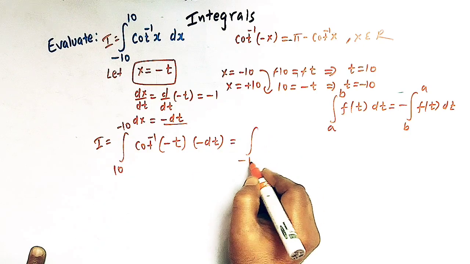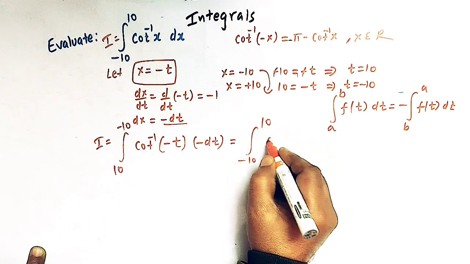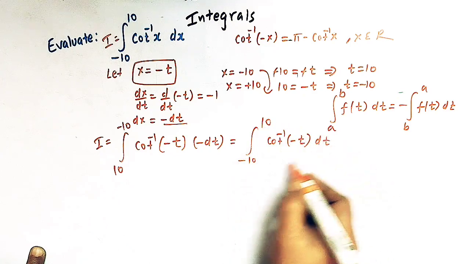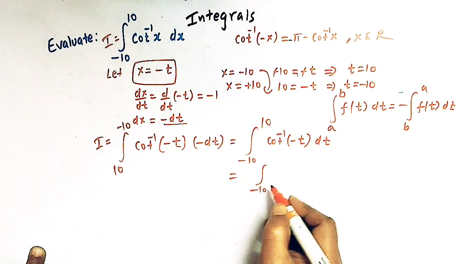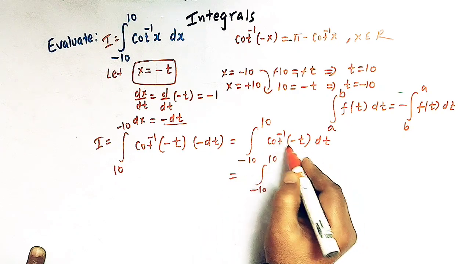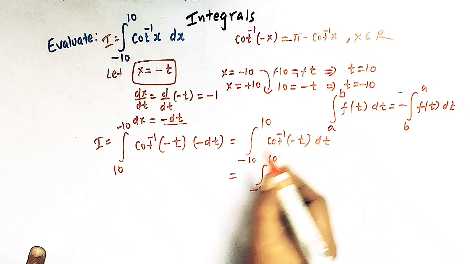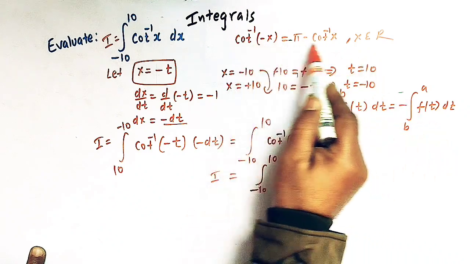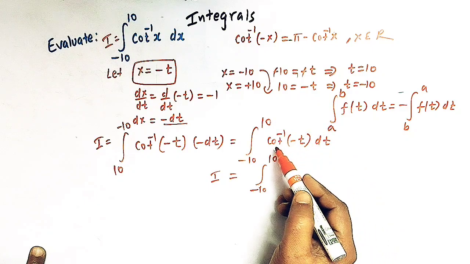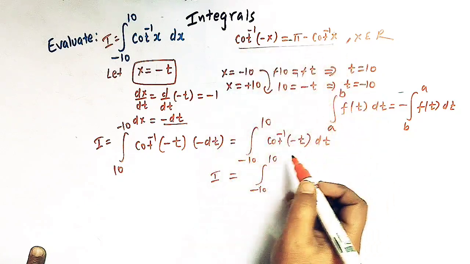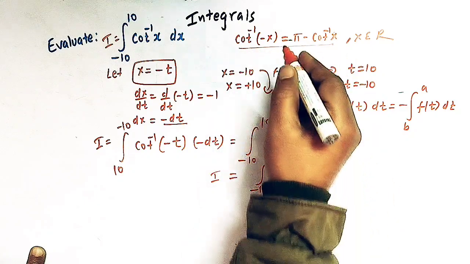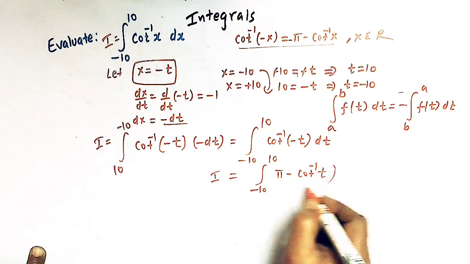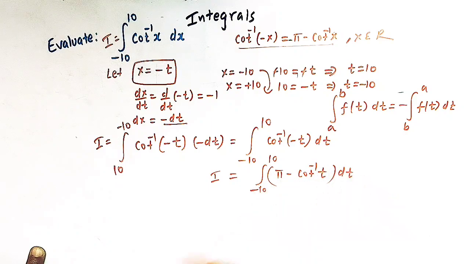So we can now write minus 10 to 10, and we have cot inverse of minus t and dt, right? And cot inverse minus t can be replaced by this expression, that is if we apply this identity to cot inverse minus t, then we can write pi minus cot inverse t, and here we have dt.